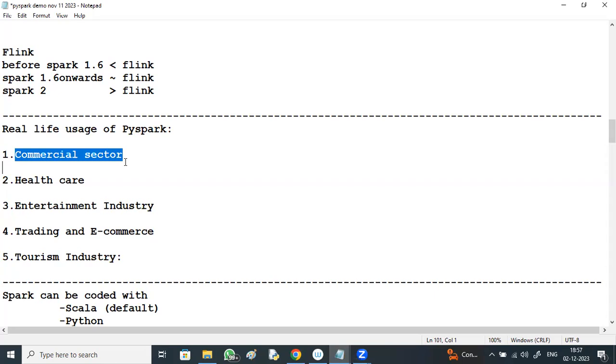For detecting fraud, if any fraud is happening, it immediately says that fraud is happening. Banks and other financial fields are using Spark for retrieving customers' social media profiles and extracting useful insights which can help them in taking the right decisions, right?